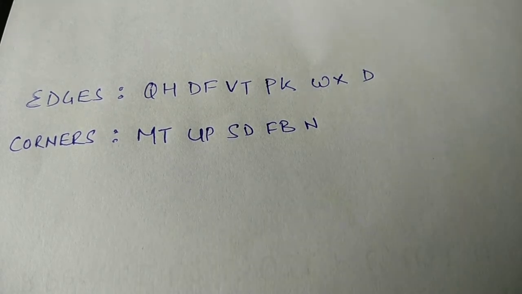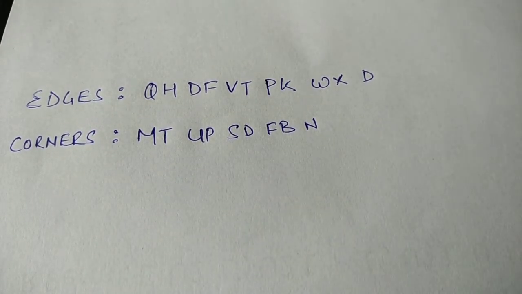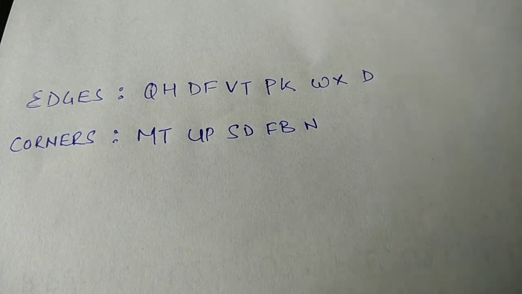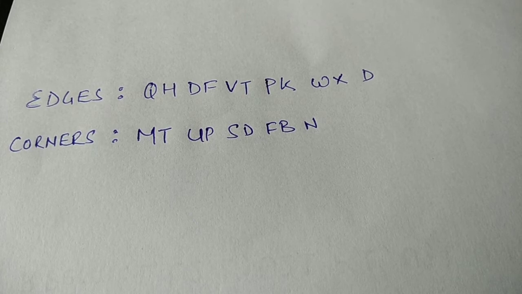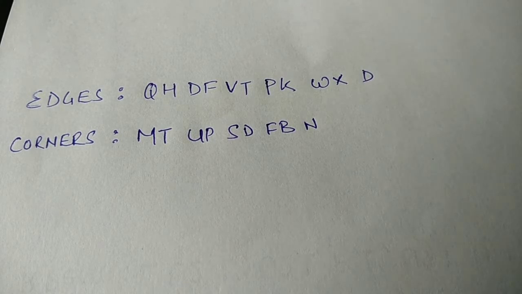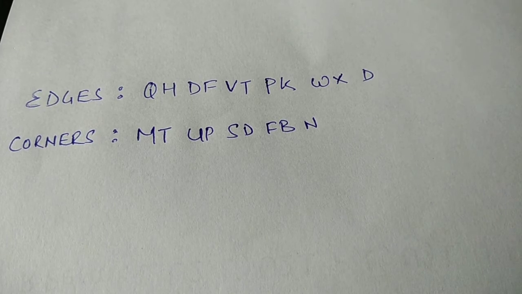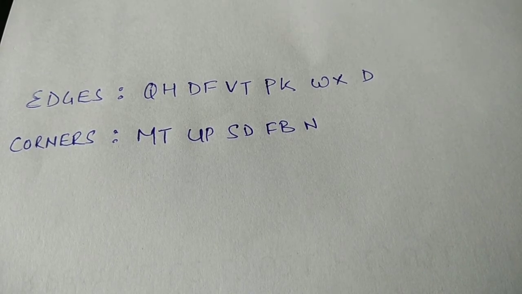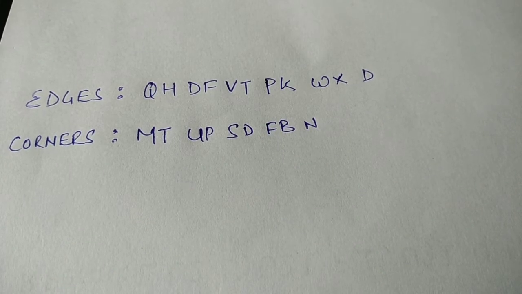Similarly, for corners, you have to memorize, that is empty. You can memorize as mount, UP up, SD sound or should, and then FB, Facebook, and N. So maybe you can make some story out of these letters to memorize these letters. So this is how we have to memorize these letters.